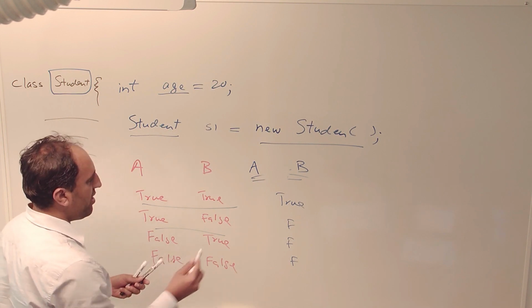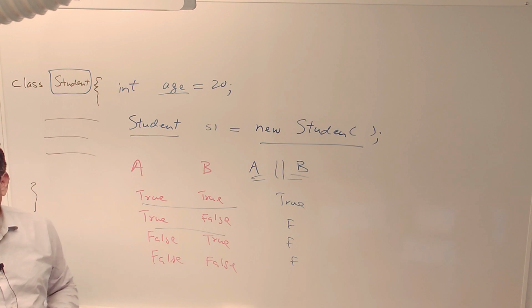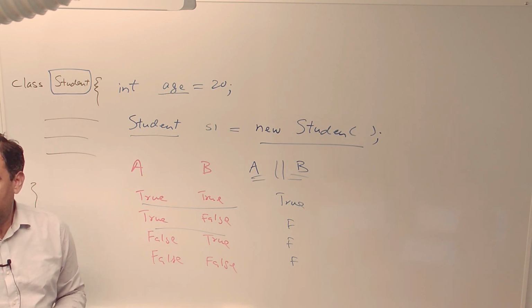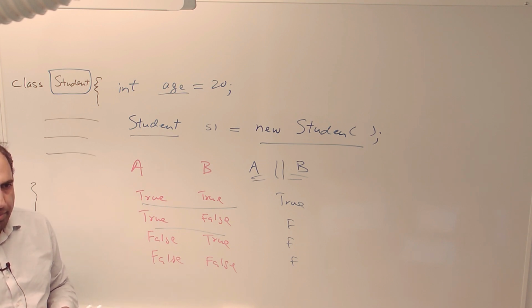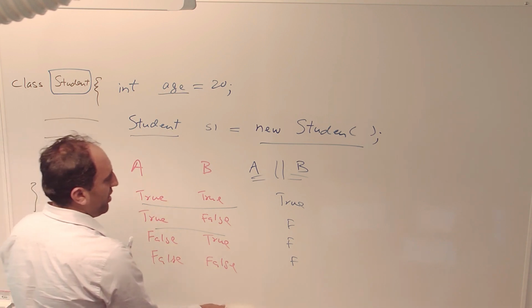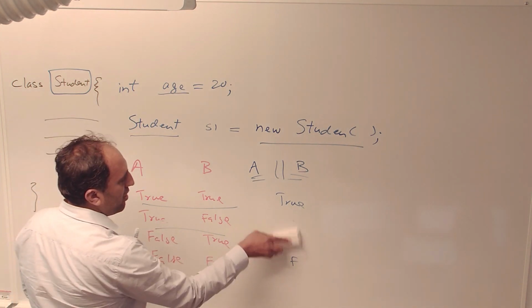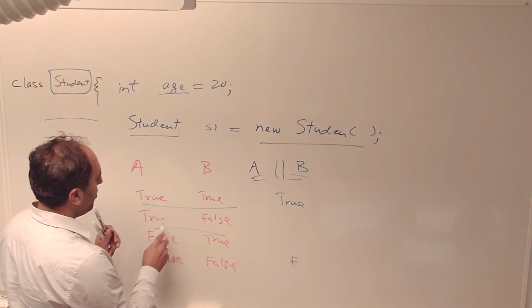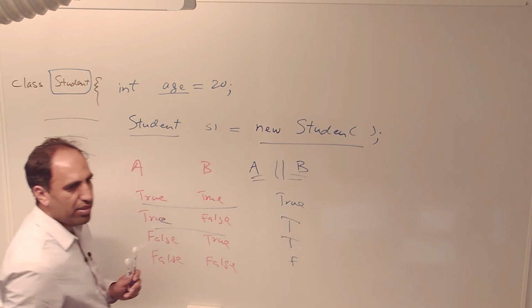On the other hand, if we use the OR here, the OR checks that even if only one of the values is true, the effect will be true. So this is true, and since one value is true, this will be true, and this will also be true.